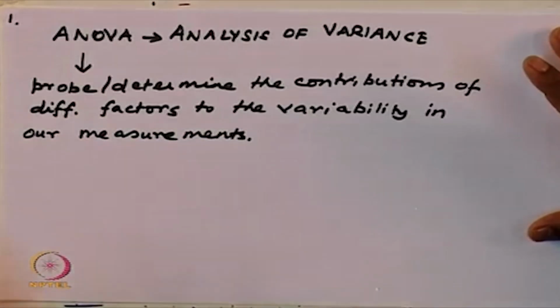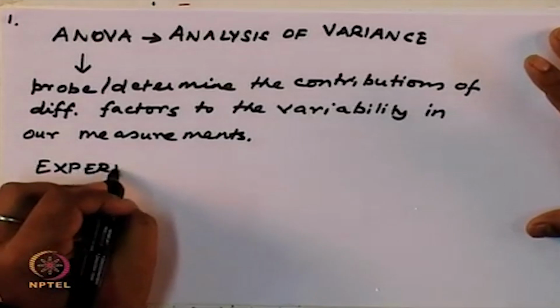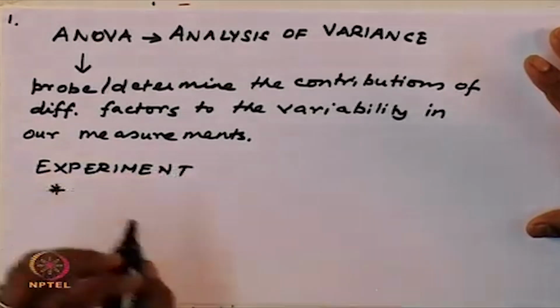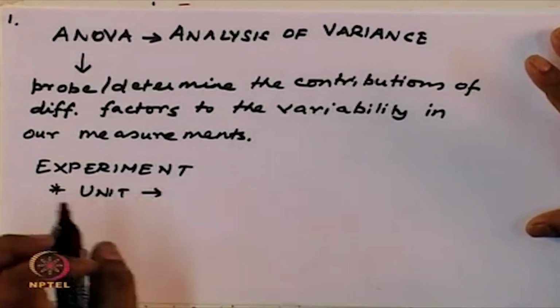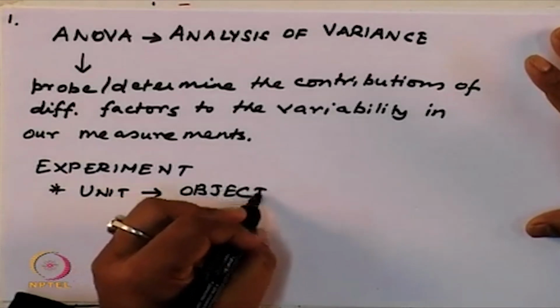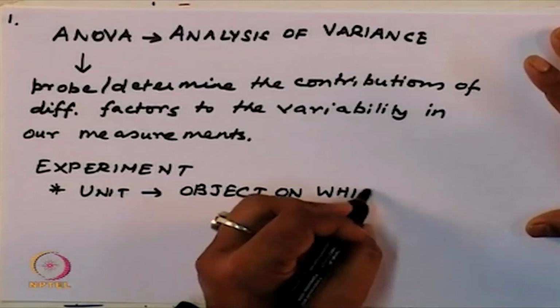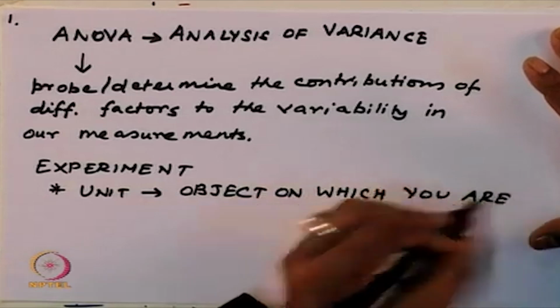Okay. So, when you do an experiment, you have the experimental unit, which is the object on which you are doing your measurements.